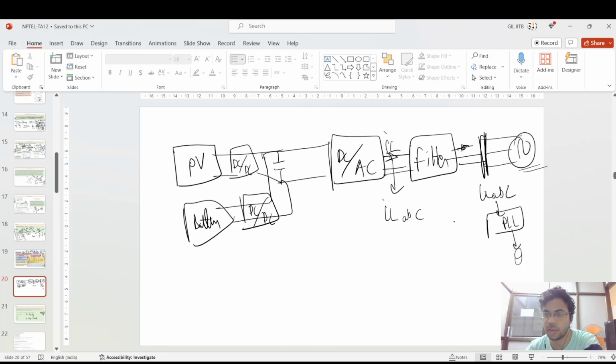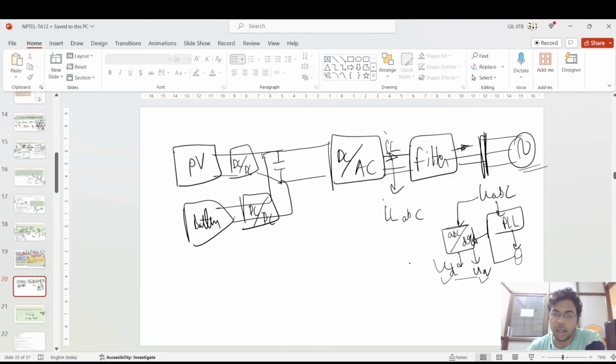Suppose UABC is taken and given to the PLL. The PLL generates the theta. Then UABC is converted using ABC to DQ frame into the D component and the Q component, UD and UQ. And this theta is also needed in the DQ frame, because I have told you that it is a rotating frame with a theta degree.